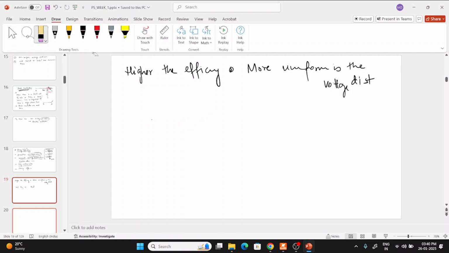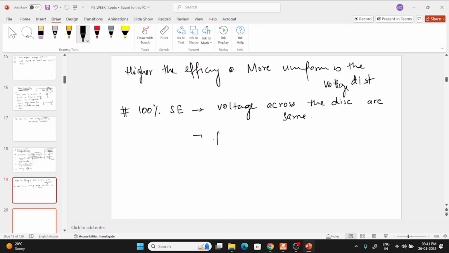I think you have got an idea what I am talking about. 100% string efficiency means voltage across the disks are the same, but it is for an ideal case.